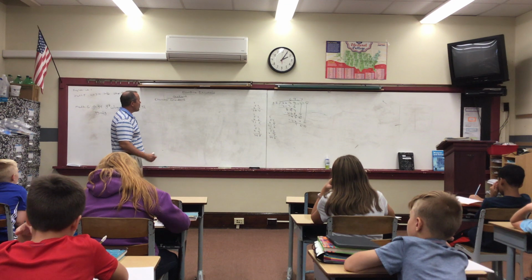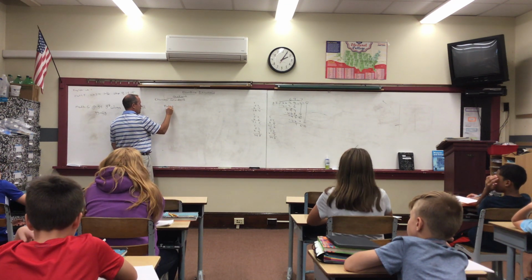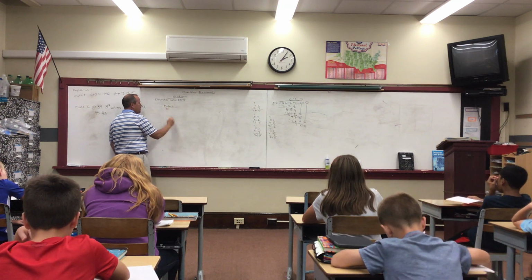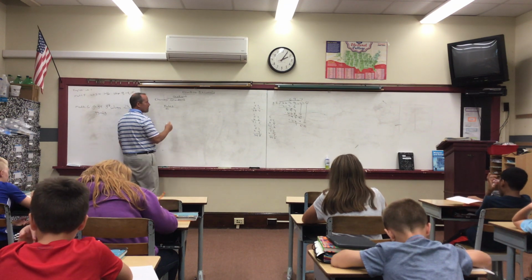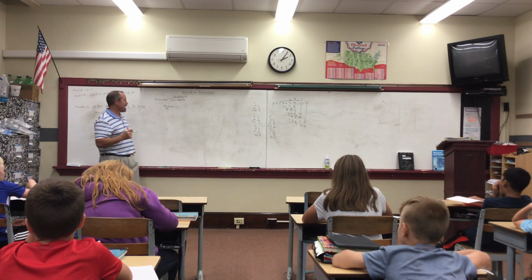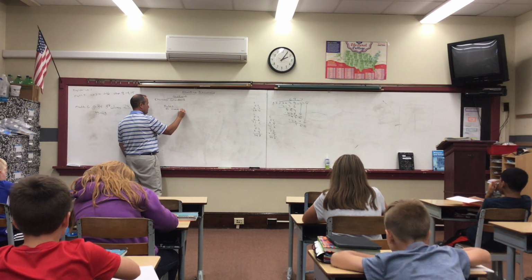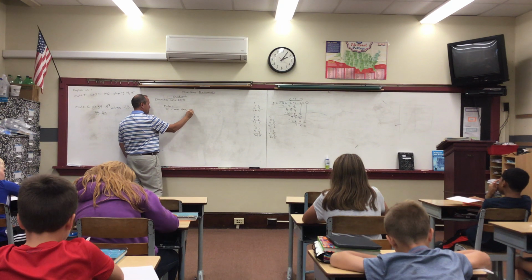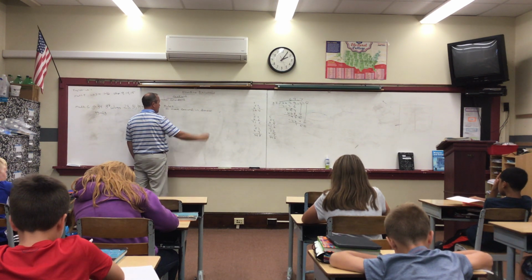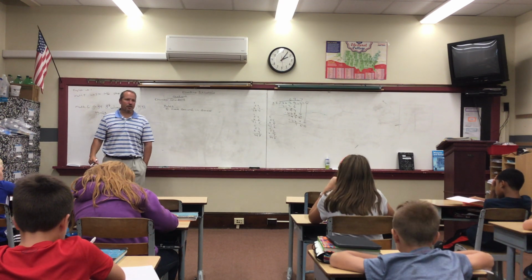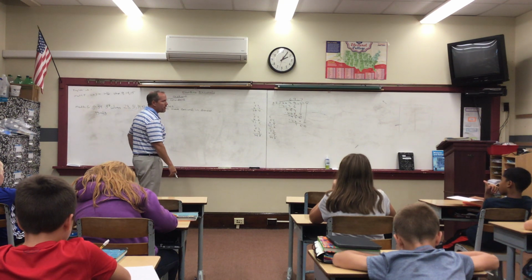Now, as far as rules for dividing with decimals, the first rule is to get rid of any decimals in our divisor. If there's a decimal in our divisor, we're going to move that decimal to get rid of it. We don't want any decimals in our divisor whenever we're dividing.